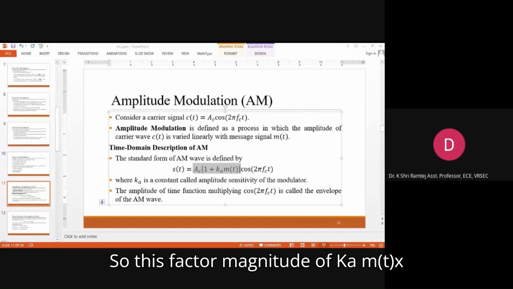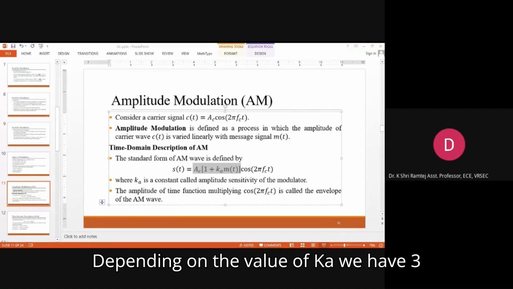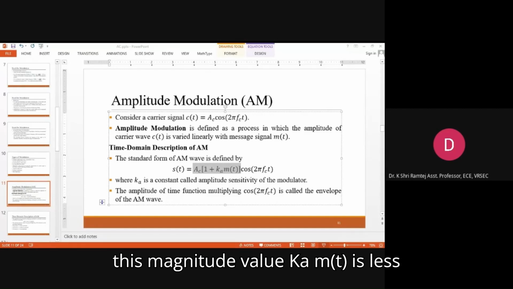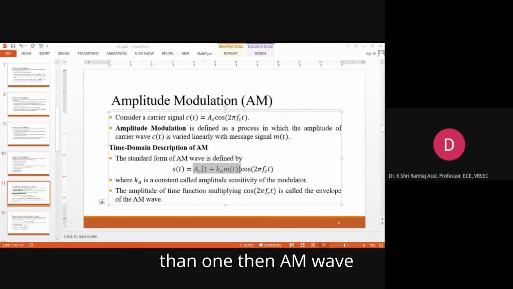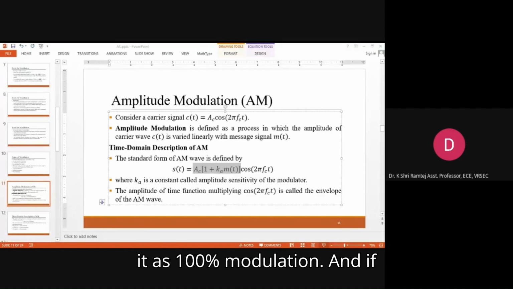So this factor, magnitude of Ka m(t) into 100, is called as percentage modulation. So depending on the value of Ka, we have three cases in amplitude modulation. If the magnitude Ka into m(t) is less than 1, then the AM wave is said to be under modulated, and if its value is equal to 1, then the AM wave is said to be critically modulated, or we can also call it 100% modulation.